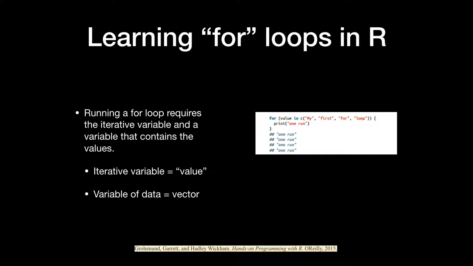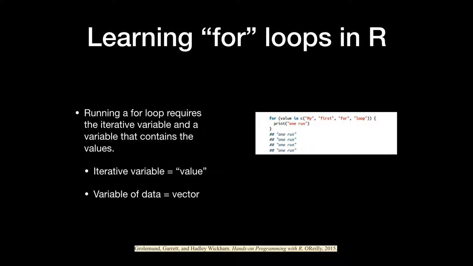So running a for loop requires the iterative variable and the variable that contains the values. Something I want to cover here is that on the right you see for value in vector print 1 run. What it's doing there is, one, your iterable variable, or iterative variable, is what you see there as value.